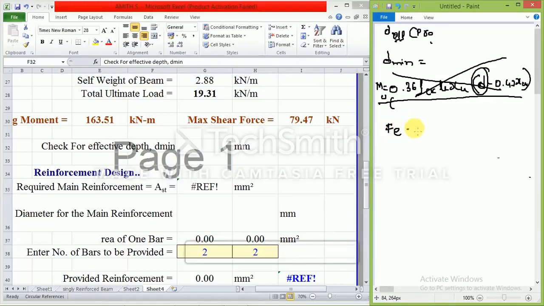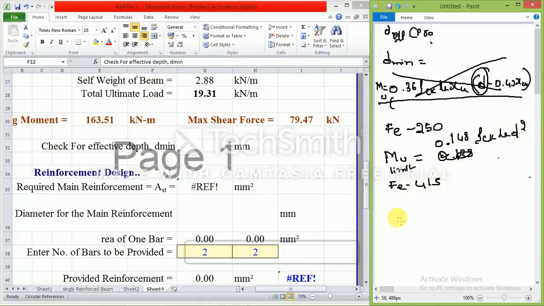If they have given Fe250 steel, then MU limit is equal to 0.148 FCK BD square. For Fe415 steel, MU limit will be equal to 0.138 FCK BD square.